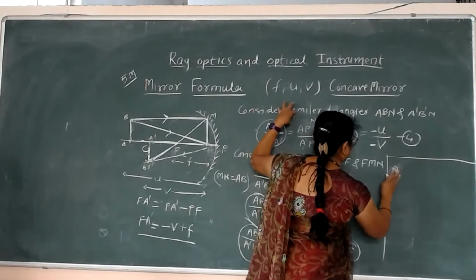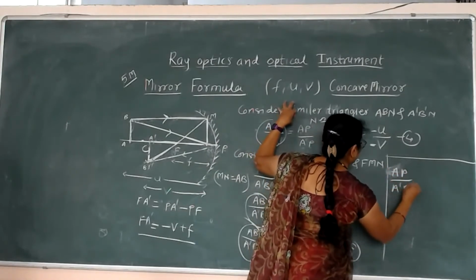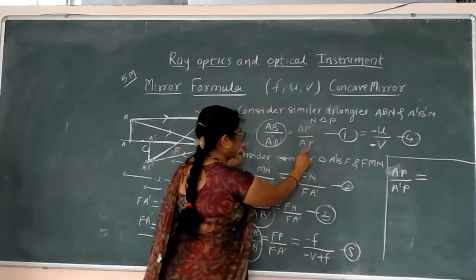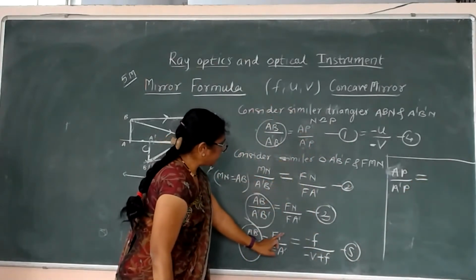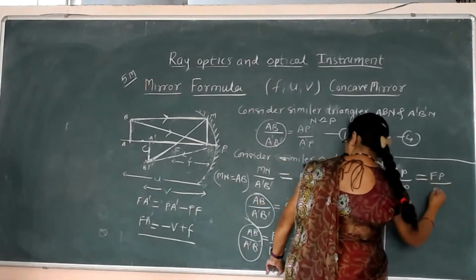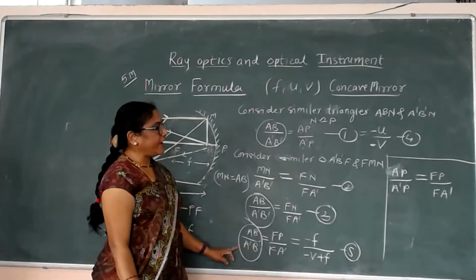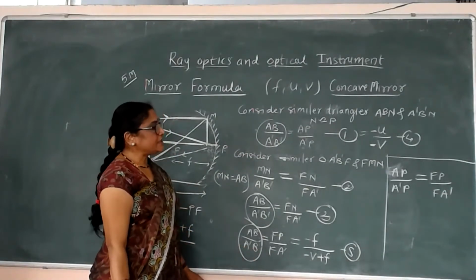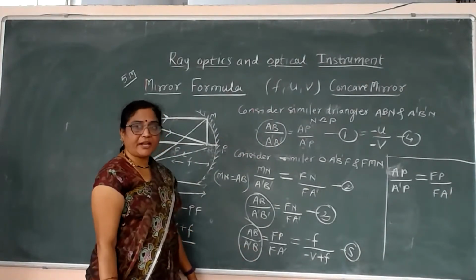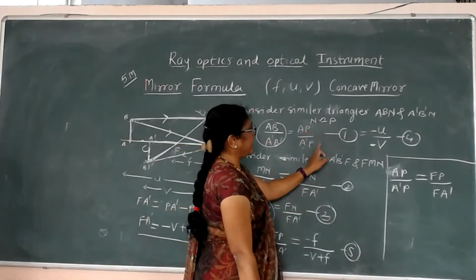AB divided by A dash B dash is equal to FP divided by FA dash. Substitute the value of AB by A dash B dash.